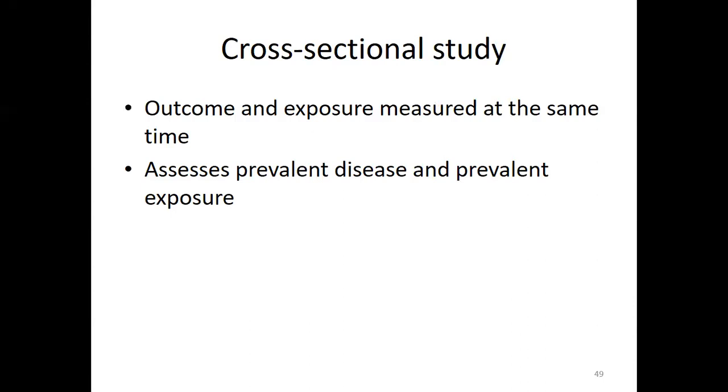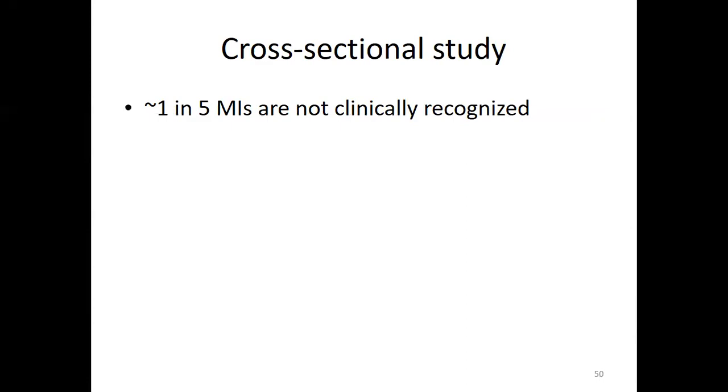With a cross-sectional study, you are now measuring individual level exposure, but you're measuring your exposure and your outcome at the same time. So you're assessing prevalent disease and prevalent exposure. An example that I did a number of years ago was looking at unrecognized MIs.